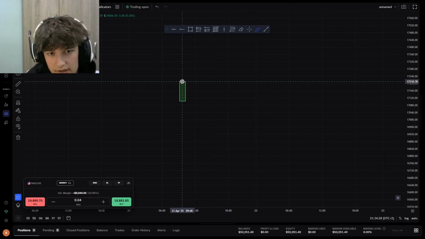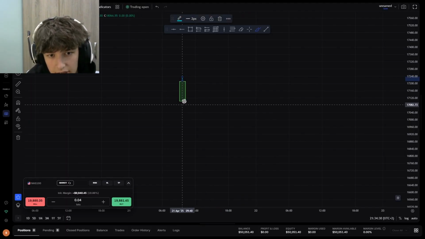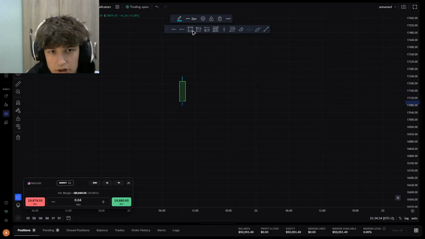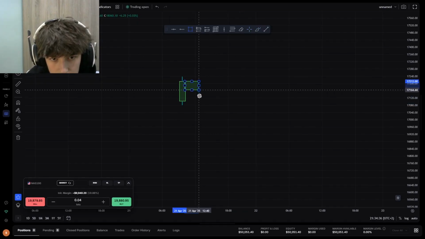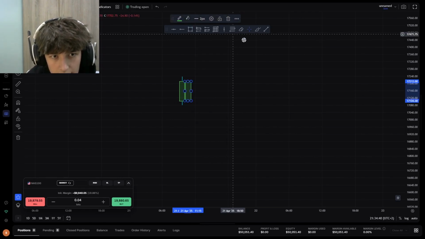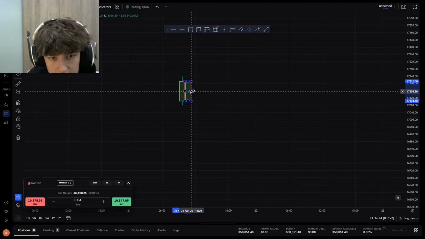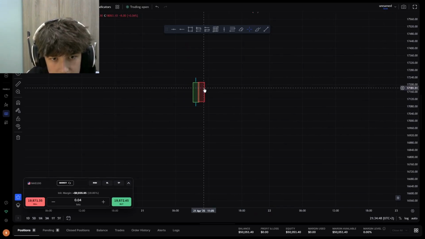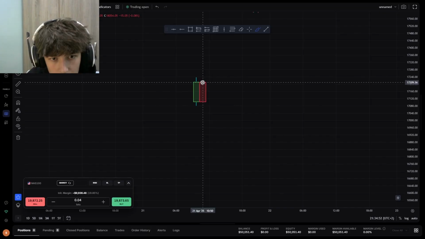So this is a bullish candle, and then we make a bearish candle next to this one, like so, maybe. And then we are going to do this in red because this is a bearish candle. So these two candles will make a high for us.